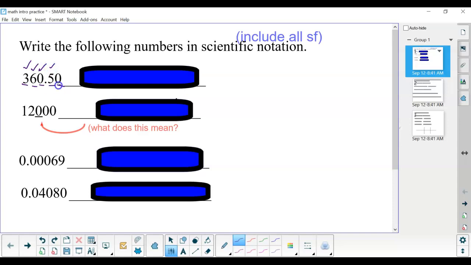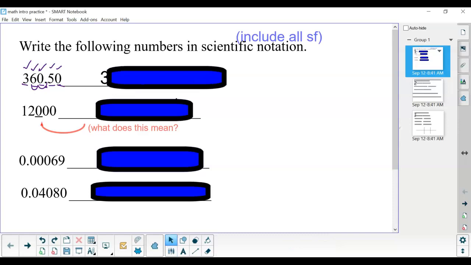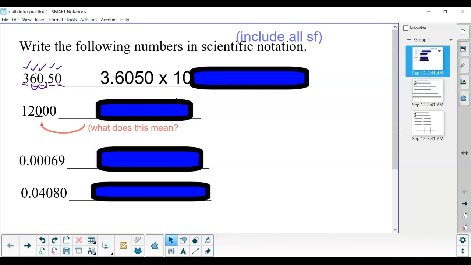And this ending zero is significant because there's a decimal point. All 5 of those digits need to be included in the scientific notation. If we move the decimal point over 1, 2 spots, we can see we have 3 point, and we would write everything else, and we moved it 2 spots, so it's times 10 to the 2.